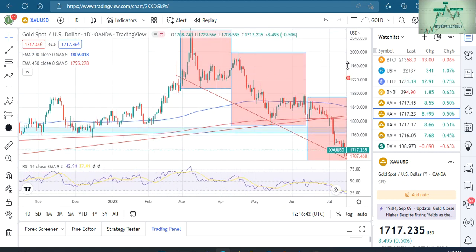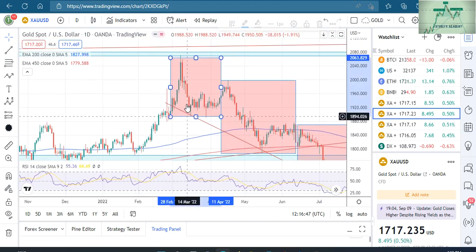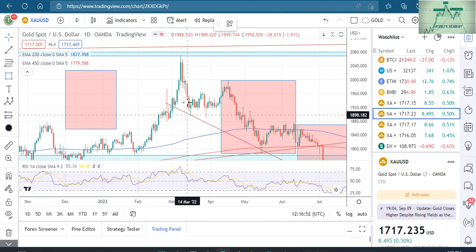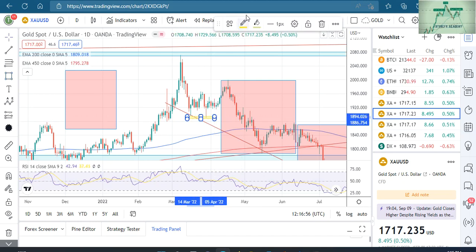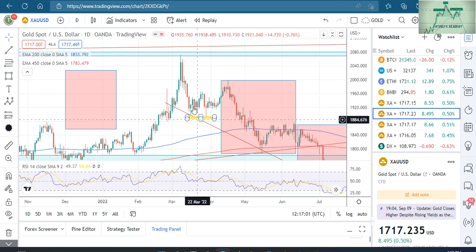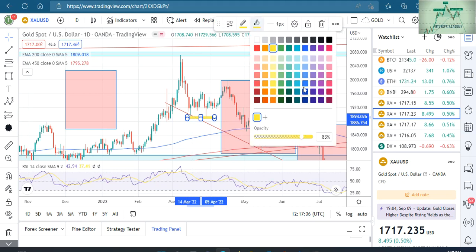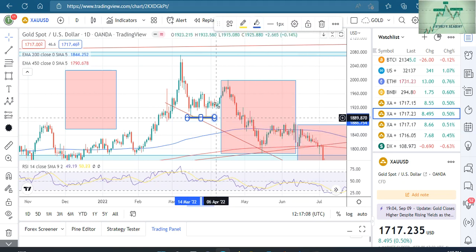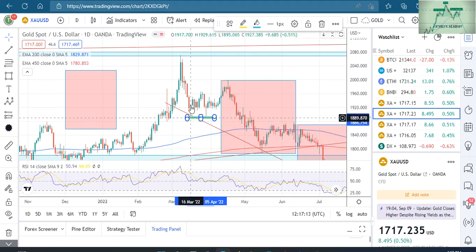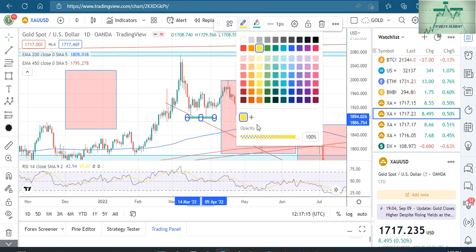So over here, you can see it makes a double bottom somewhere around there.